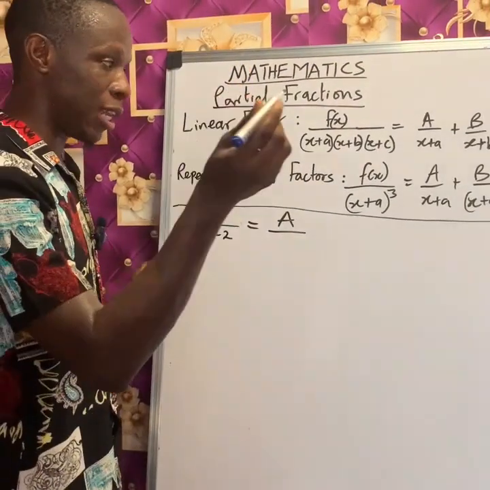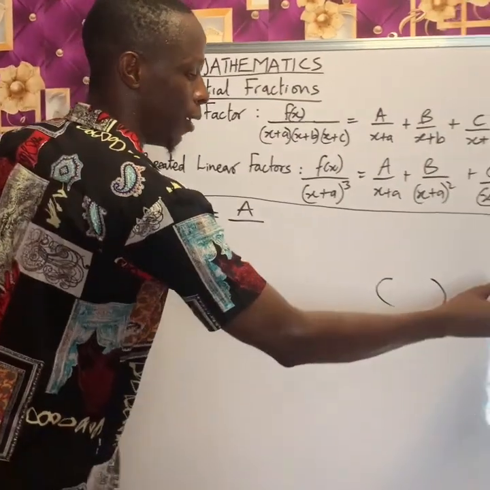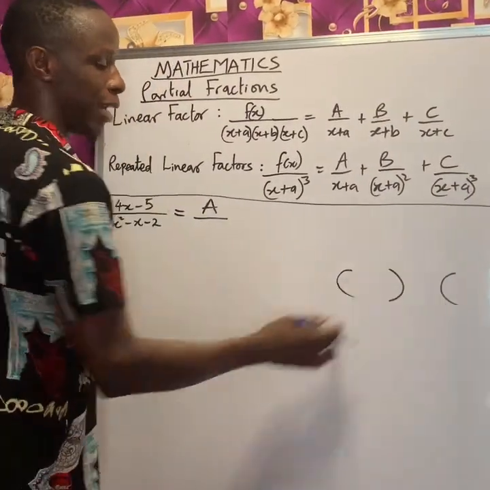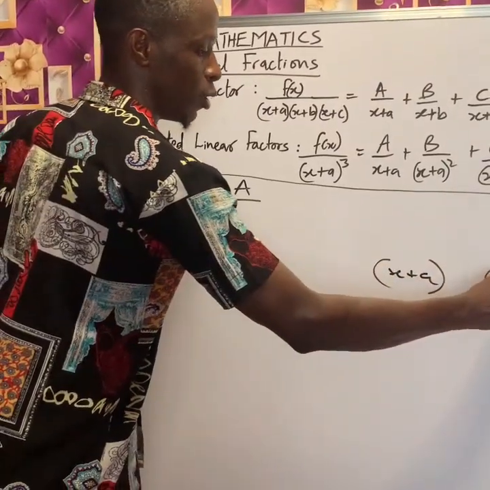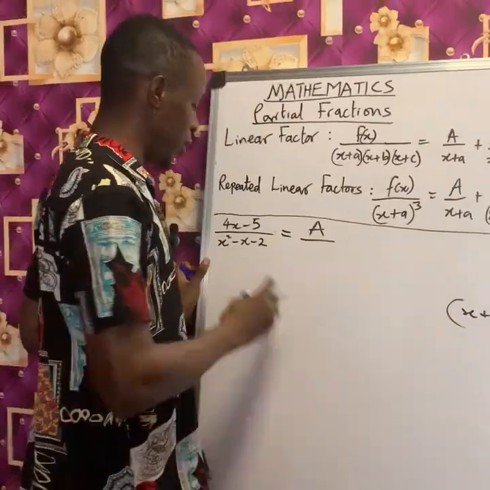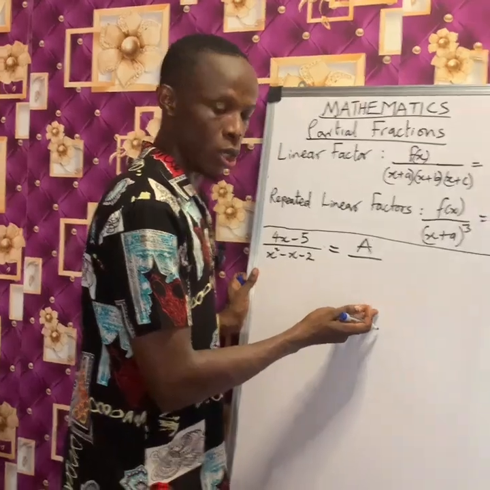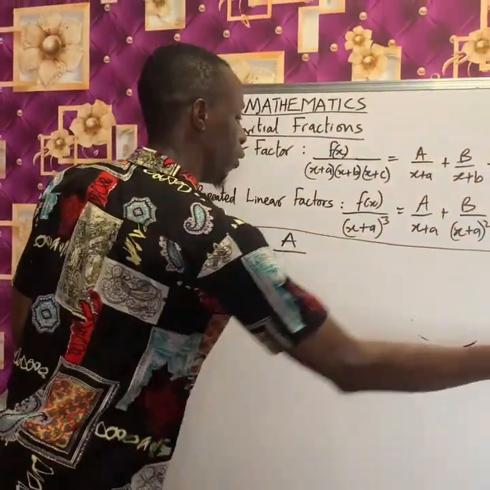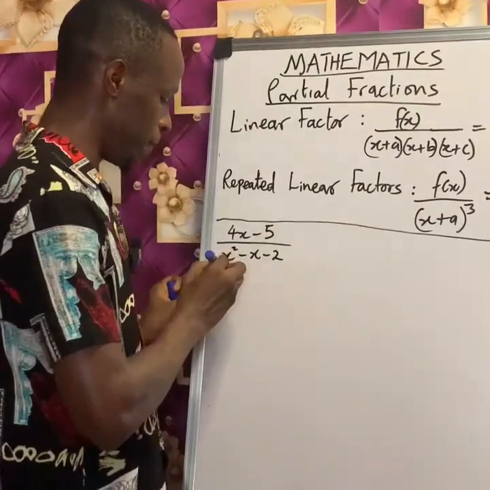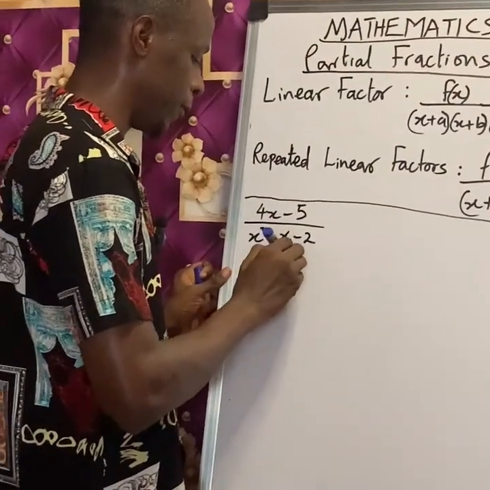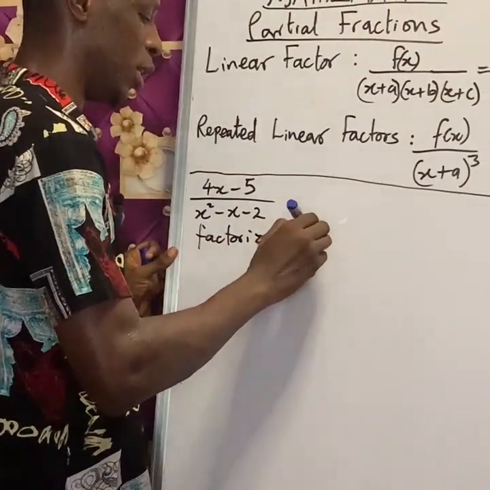In the previous class, we had factors in the bracket, something like x plus a, x plus b. But in this case now, we don't have anything of such. So what we are going to do first of all is to factorize the denominator.